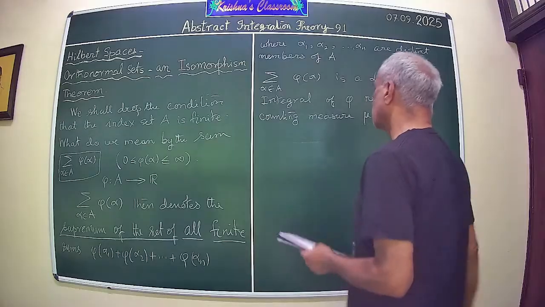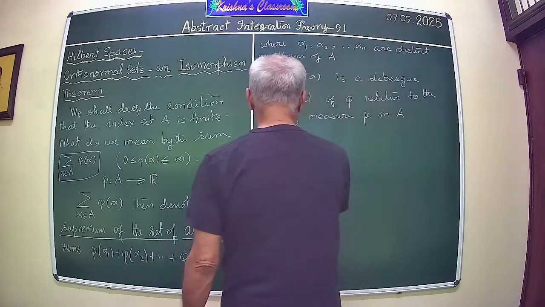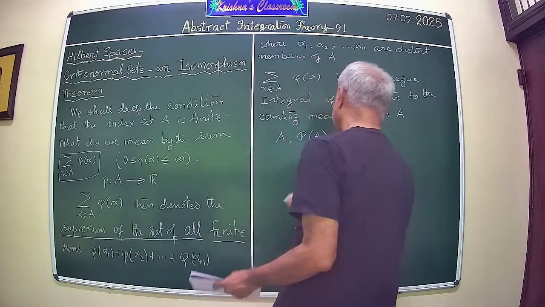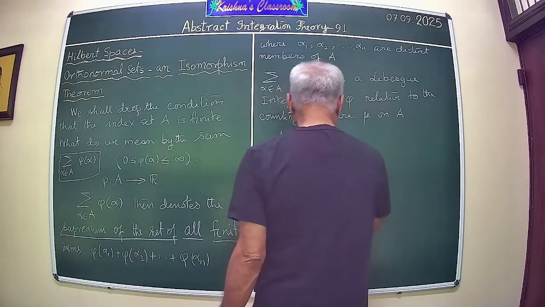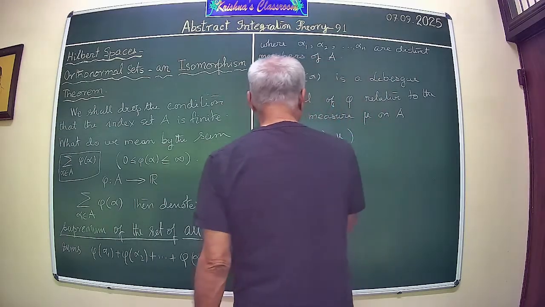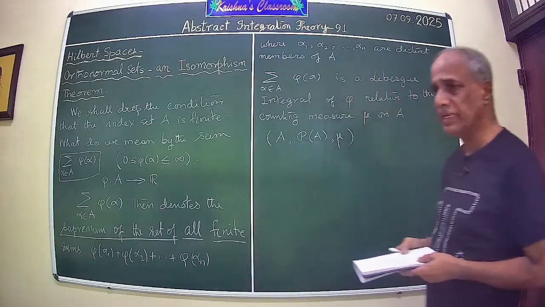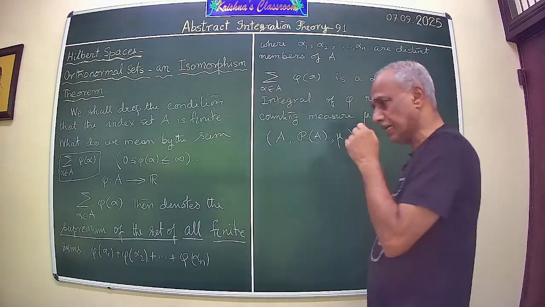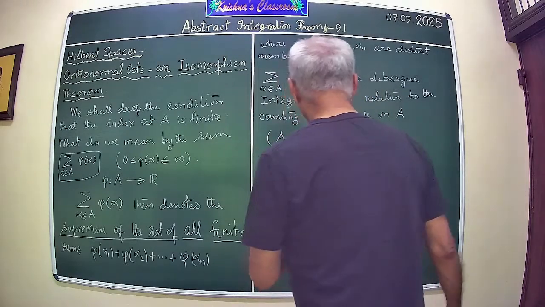Now you take the cardinality of each element of the power set of A. That cardinality is the number that is given as mu.